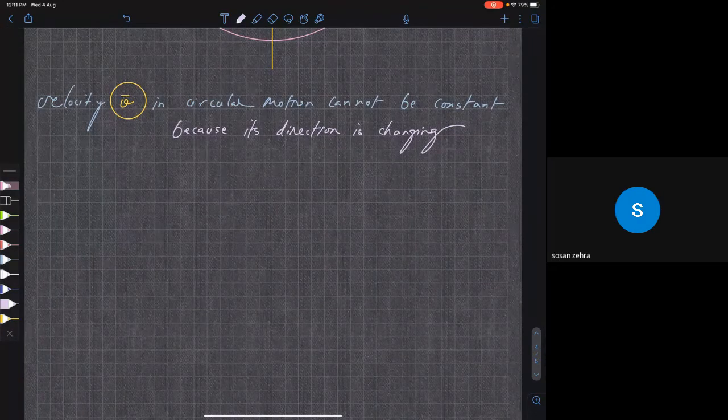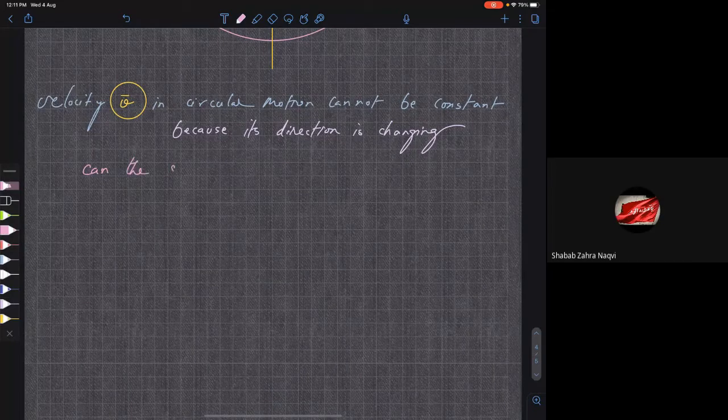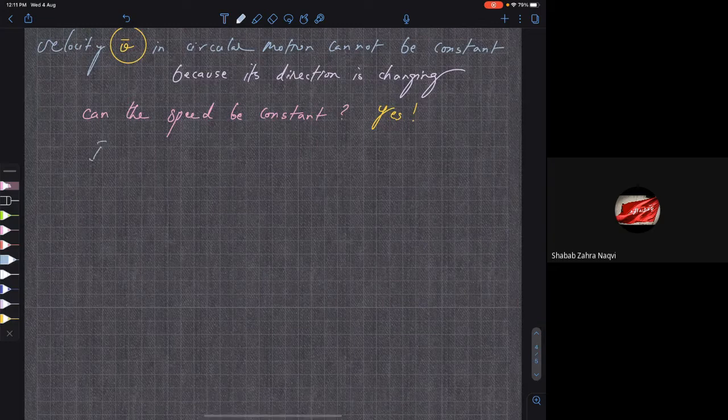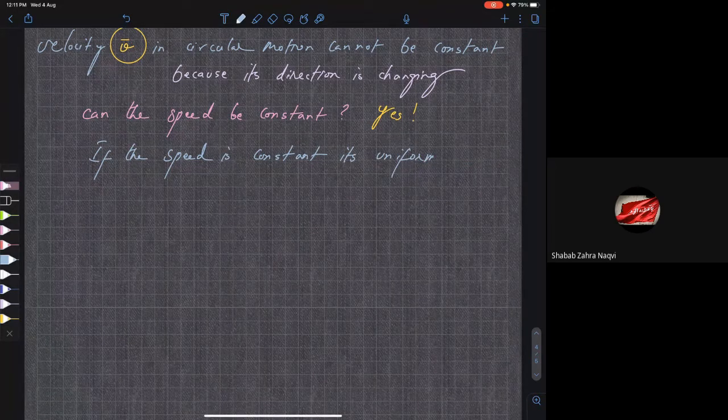Now, can the speed be constant? Answer is yes. And moreover, if the speed is constant, it's uniform circular motion.